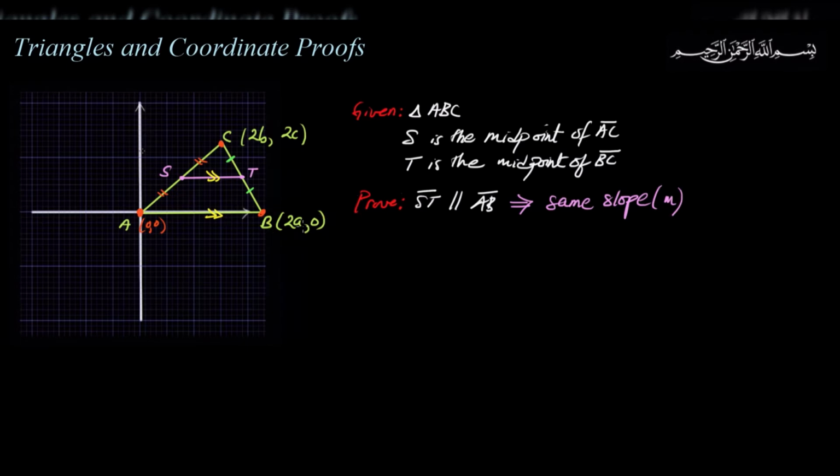If they did not give us these ordered pairs, you actually could come up with your own, call this one a, b, and this one p, r or something like that, and you should still come up with the same math. Anyways, they gave us these ordered pairs: A is 0, 0, B is 2a, 0, and notice the y coordinate is 0 because it's on the x-axis, and C is 2b, 2c. We're asked to prove that these two segments are parallel.